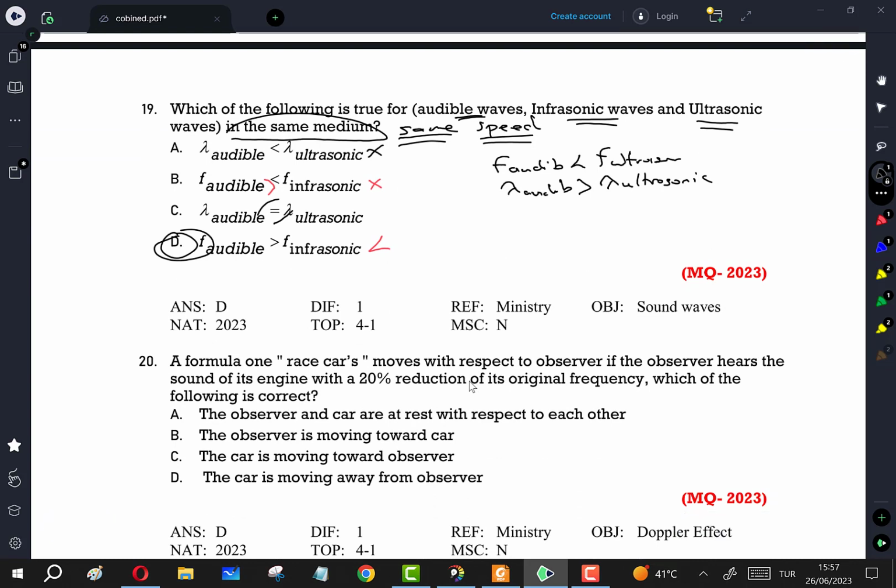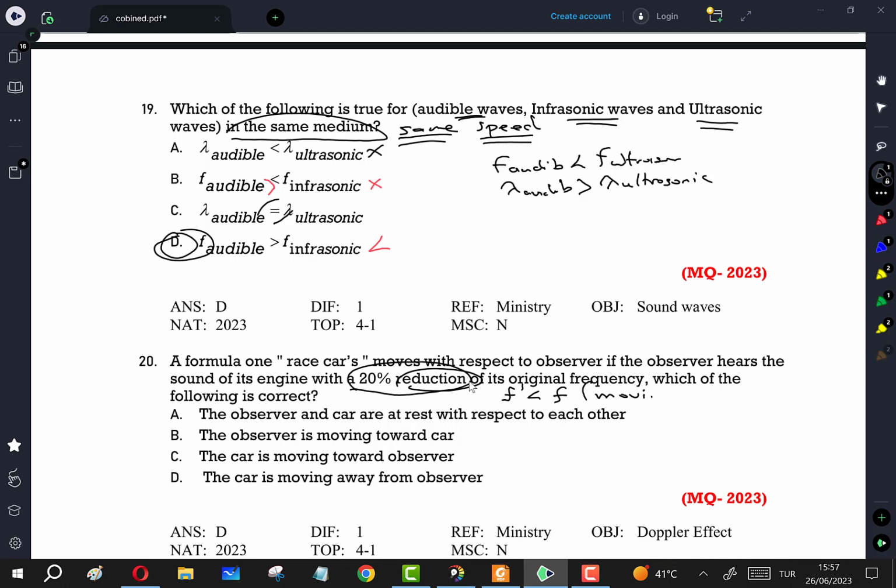One race car moves with respect to an observer. If the observer hears the sound of its engine with a 20% reduction of its original frequency, which of the following is correct? Reduction means the pitch frequency is less than the original frequency. So this is a case of moving away.